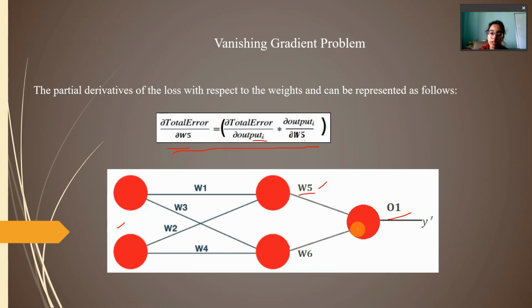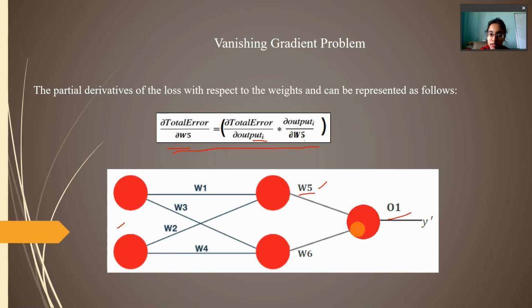So we can see that after certain epochs, as the number of layers goes on increasing, our new weight will be equal or approximately equal to the old weight. So there will be almost no updation in our old weight.